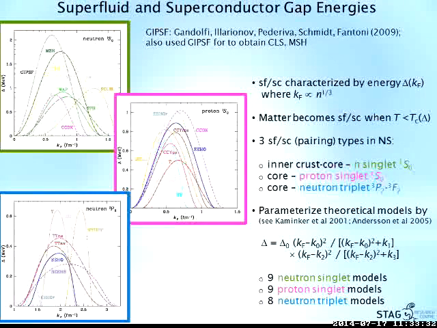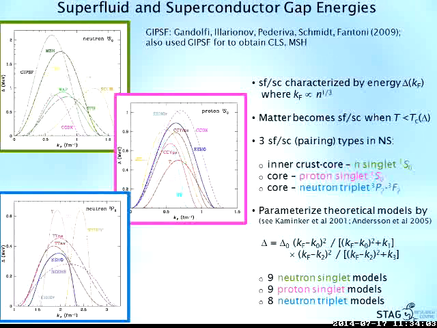So when the temperature in that location in the neutron star is below the critical temperature, the matter becomes superconducting or superfluid. And there are three types of superfluid, superconducting pairing in the neutron star that are important. One is in the inner crust and core, the neutron singlet. In the core, there's proton singlet, and in the core, there can be neutron triplet.